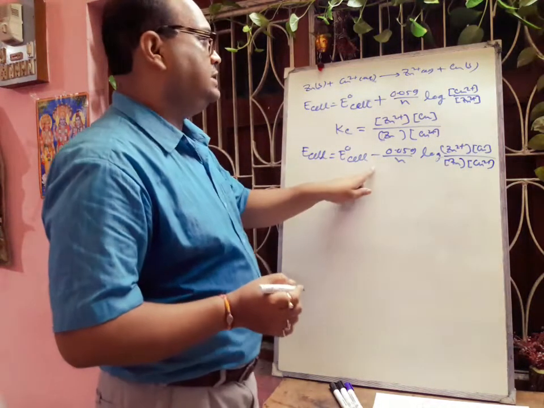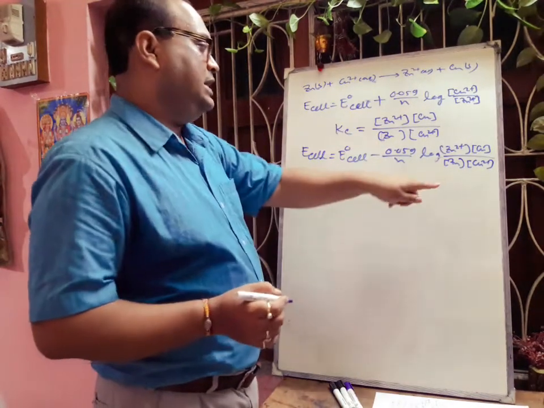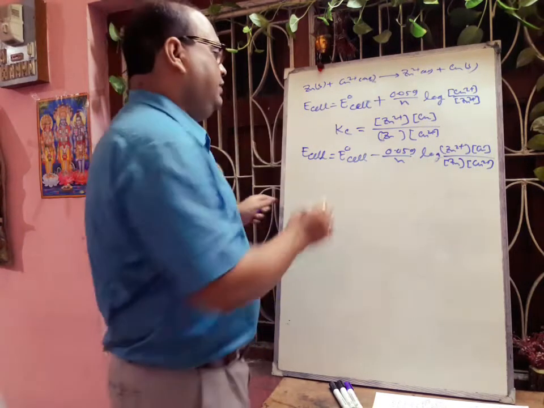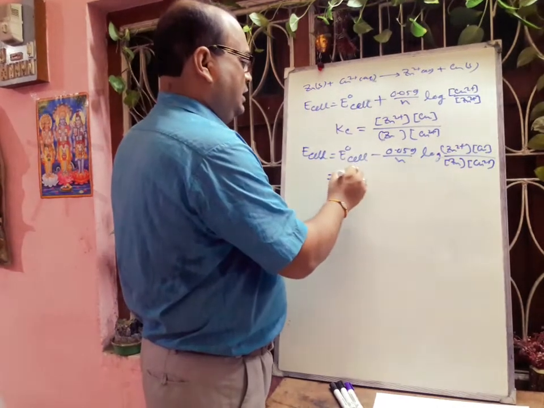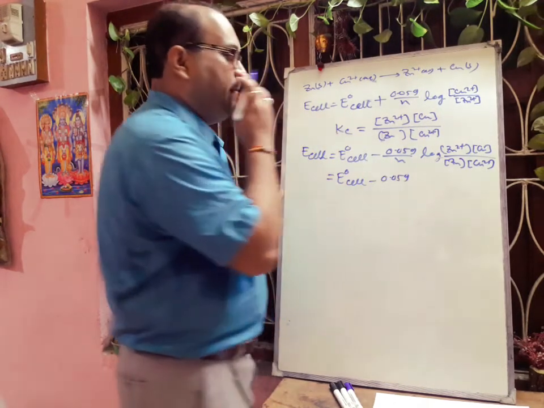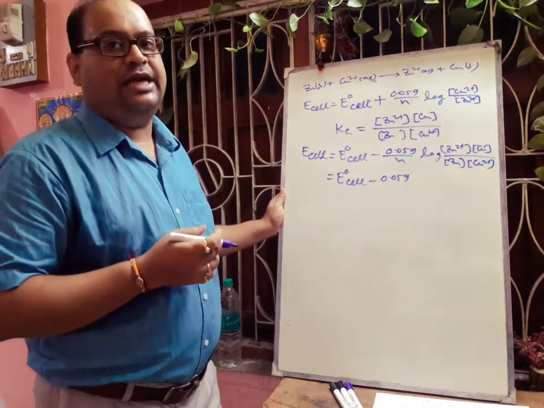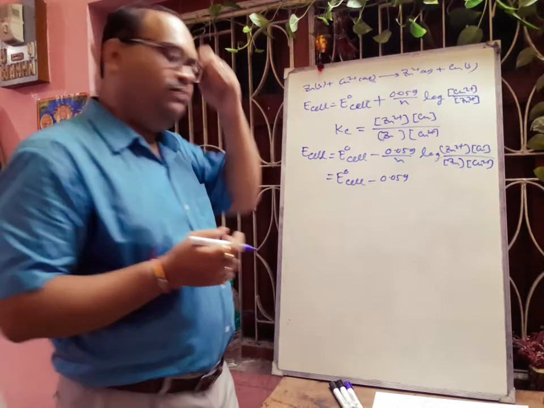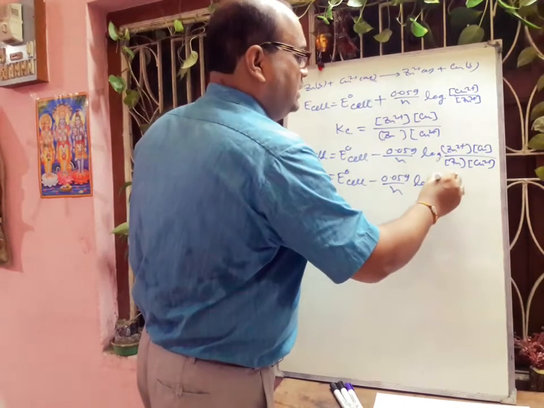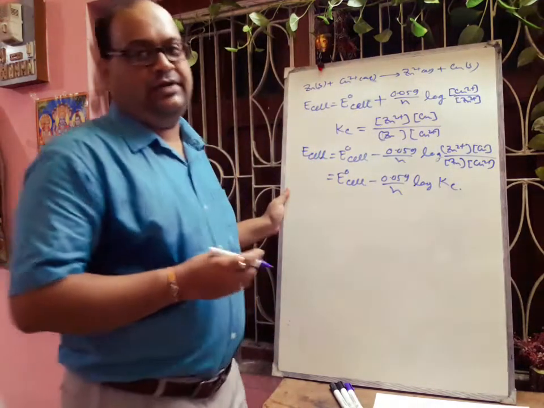When we are putting minus, that will be product by reactant. This is nothing but Kc. So here we can write E0 cell minus 0.059 by n, and log of this is nothing but Kc, the equilibrium constant.